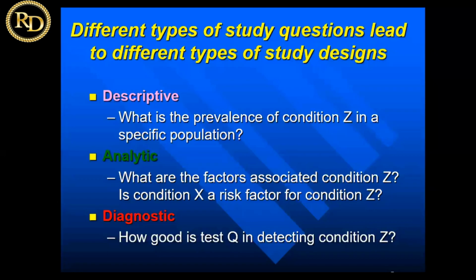Descriptive studies are basically the prevalence of condition Z in a specific population. If you want to do prevalence studies, for example, the prevalence of diabetes in slum dwellers, or the prevalence of diabetes mellitus 1 or diabetes mellitus 2 in HIV positive people.